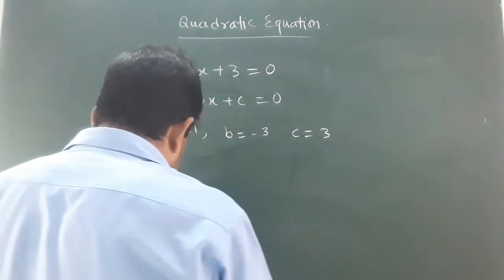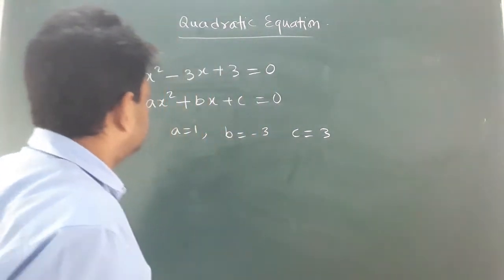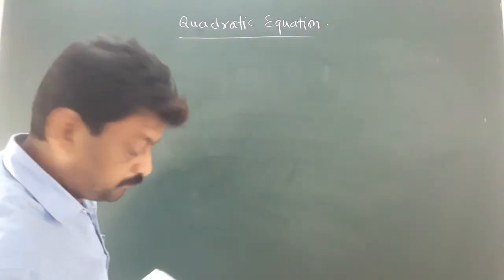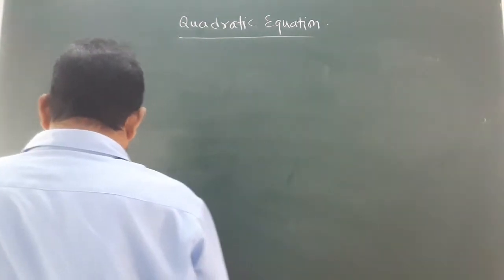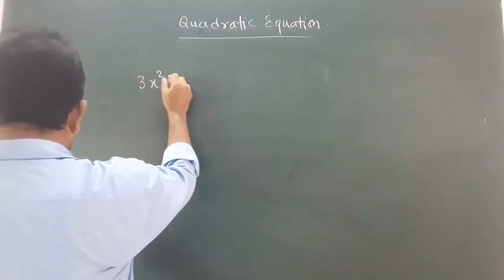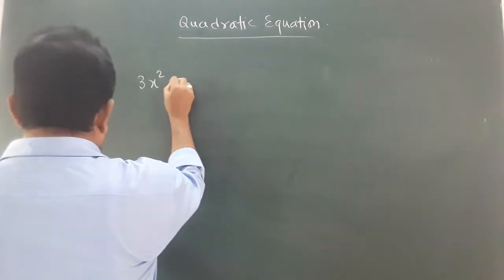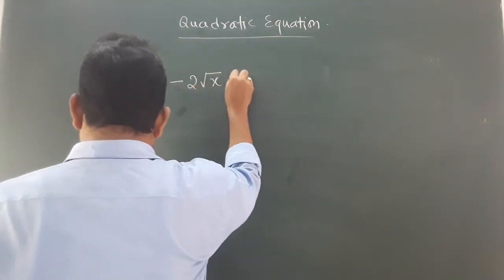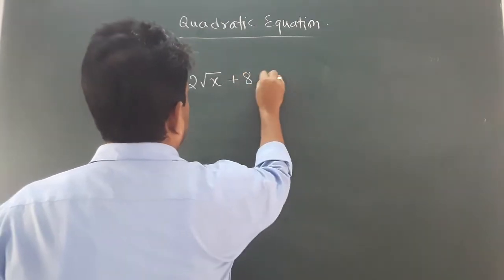The next one is 3x square minus 2 root x plus 8 equals to 0.